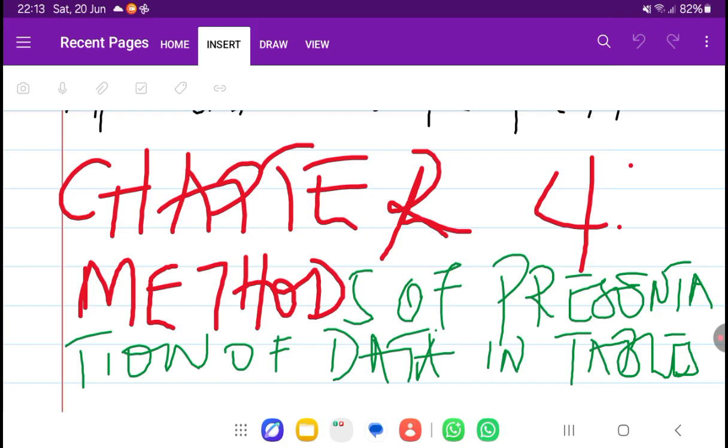So the important characteristics to look for when you're organizing and describing a data set is to look at its center and its variability, as well as its shape. So the frequency distributions can be made for both types of data.